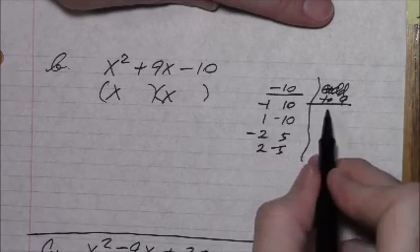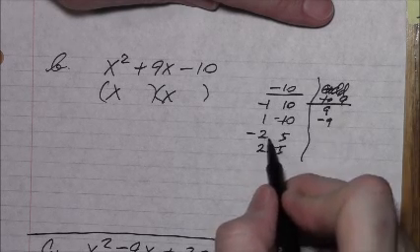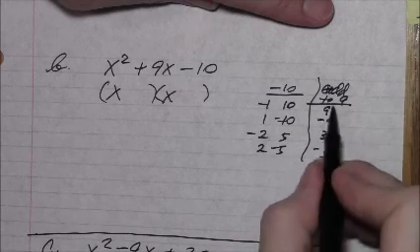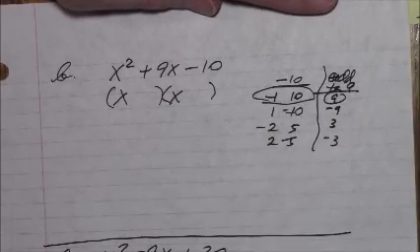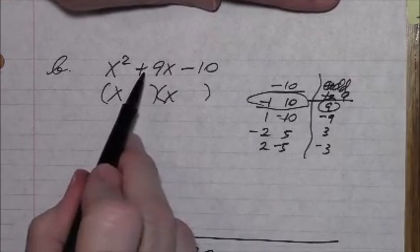Well, 10 minus 1, that's 9. If we do negative 10 plus 1, we get a negative 9. 5 minus 2 is 3. 2 take away 5 is negative 3. So that means that this combination right at the beginning is the one we want to use. All of the others do not add up to this.